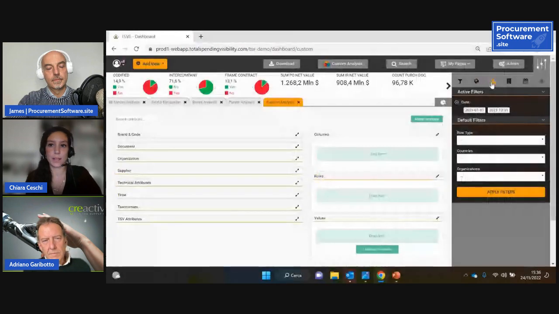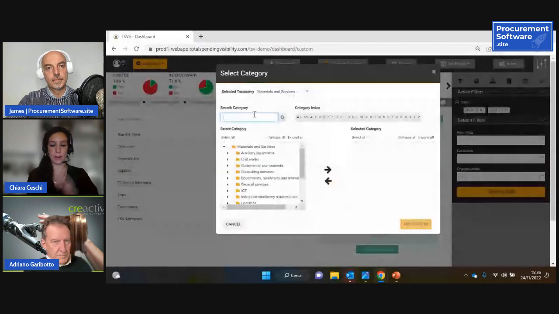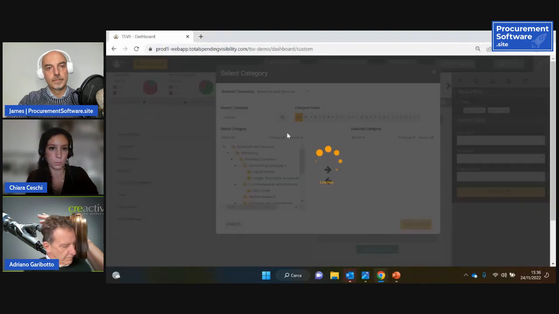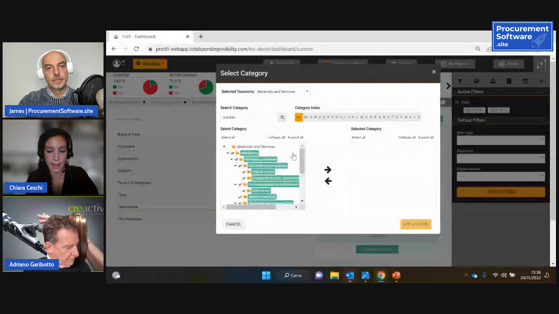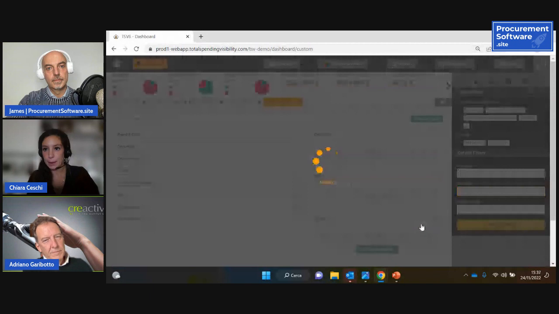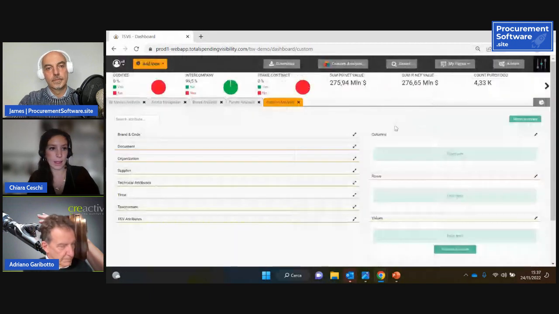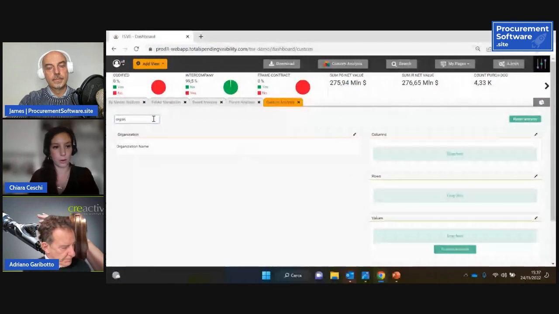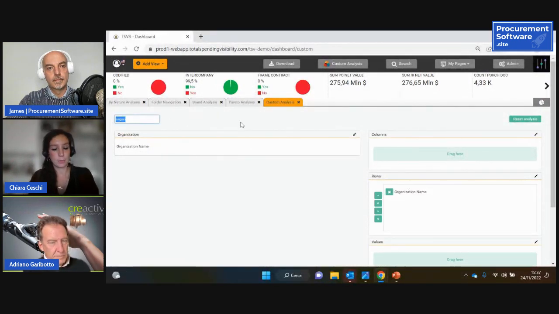Once again, we can also, for example, filter for a category. So let's say that we're in charge of analyzing the marketing area of the spend. In here, I can, for example, have a look at which are the organizations through time.